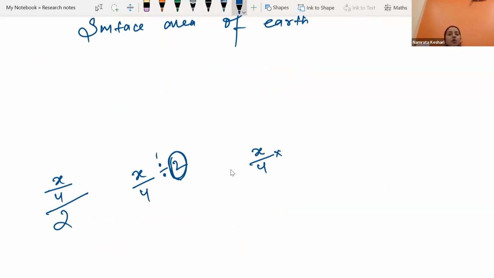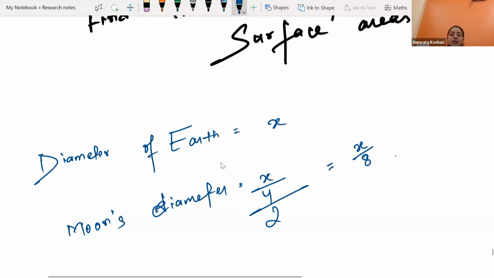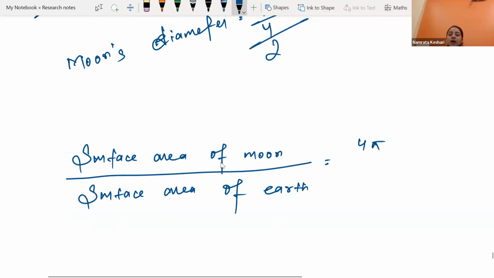After the division sign, whatever number or fraction you have, you take its reciprocal when converting division into multiplication. So this 2 will be 1 by 2, and x by 4 by 2 became x by 8. Our radius for moon is x by 8.